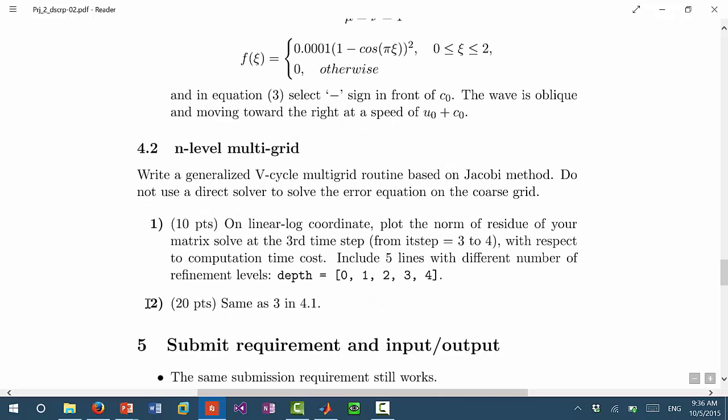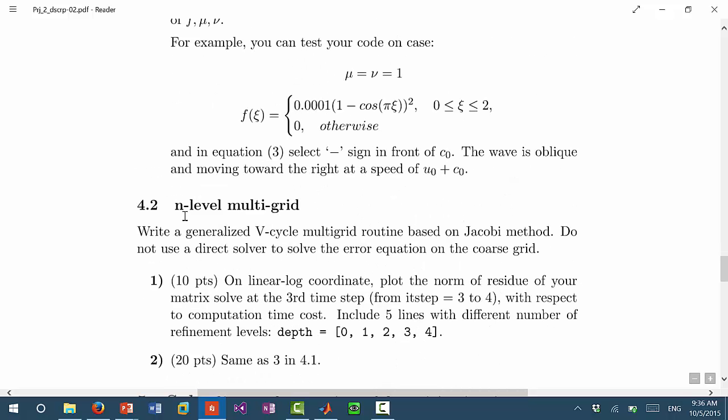Also, same as 4.1, in question 2 we are giving M and N as inputs to your code, so you should be expecting any M and N. But in the first question, we are going to give you an M and N that is going to be different from the M and N in 4.1. Also in question 2, you should expect our M and N to be a small number times a certain power of 2.